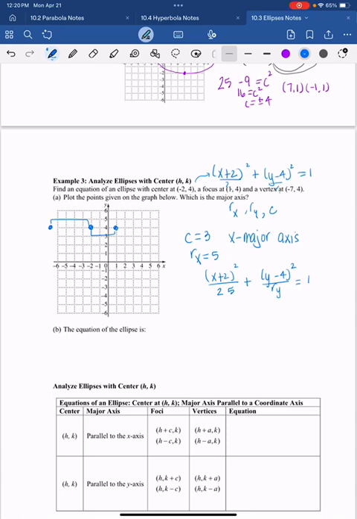Okay, so major, 25, minus the minor, which I don't know yet, is going to equal c squared. Well, c squared is going to be 9. So 25 minus whatever that r sub y is. Subtract 25, divide by negative 1, you get r sub y, the y radius squared, is 16.